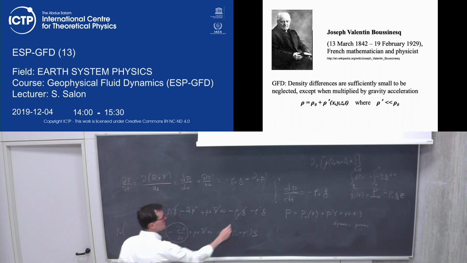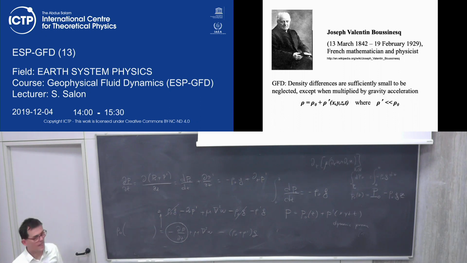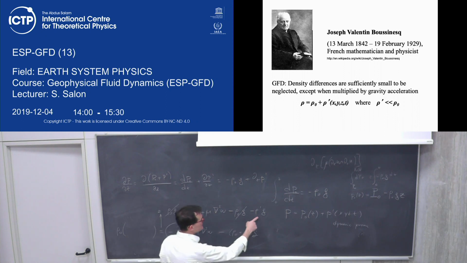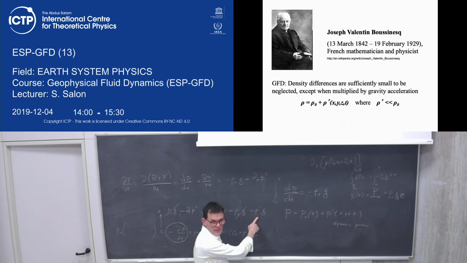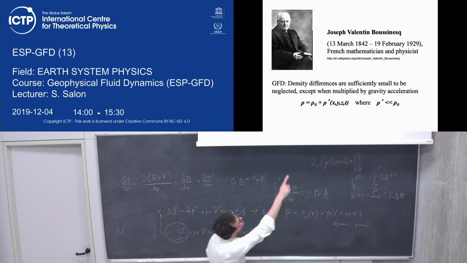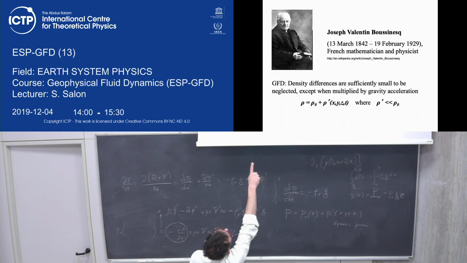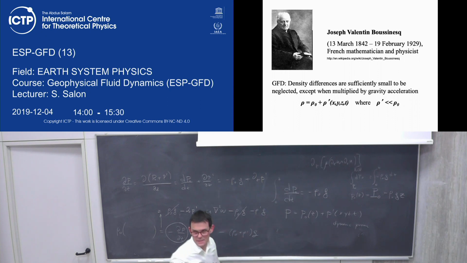So these two terms can be neglected, and I obtain the variation in z of the dynamic pressure and the buoyancy term, which, as we expected, is the only point in all the equations where the perturbation density appears. But it's the most important because it's the buoyancy term, because it's multiplied by g, the gravity acceleration.